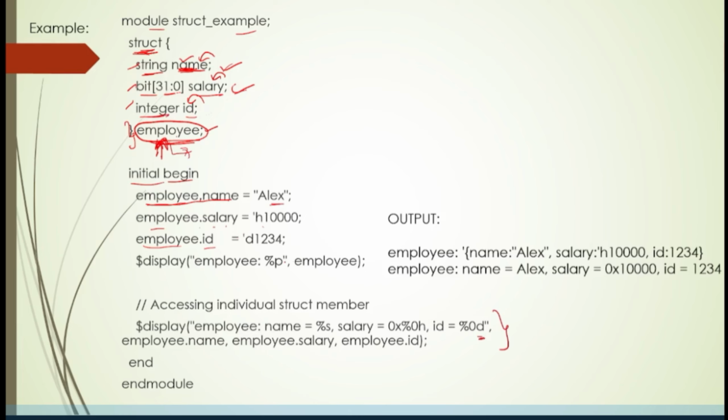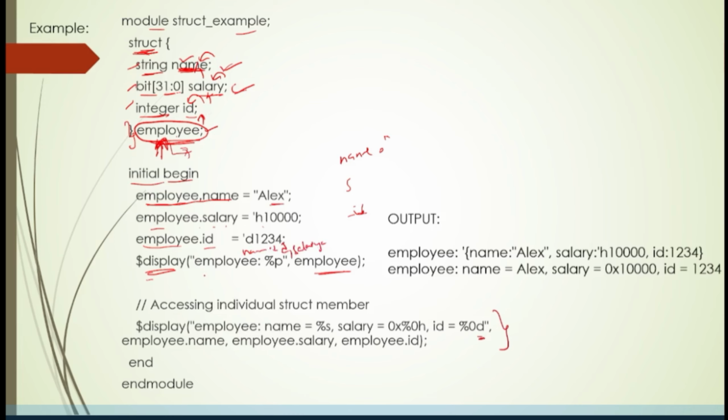Now I want to display all my employee data here. Whenever you want to access these elements individually, you should write name and enter something, salary you enter something, employee id you enter something, and then to display it you display name equal to percentage d and salary equal to percentage d.